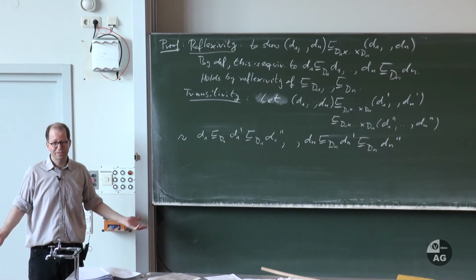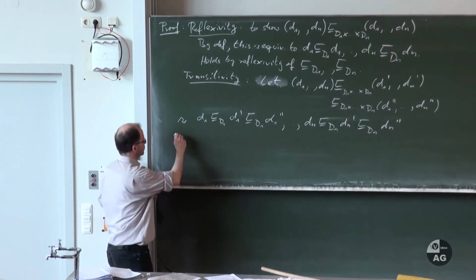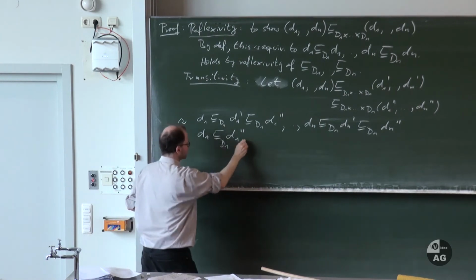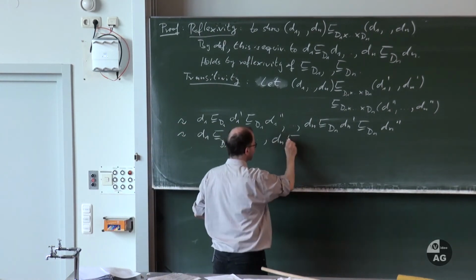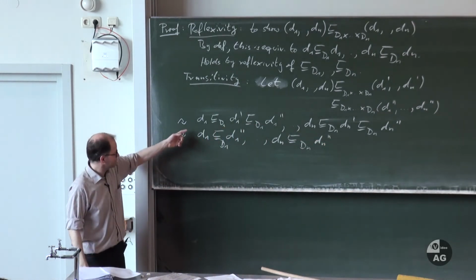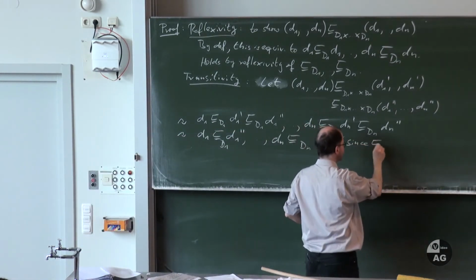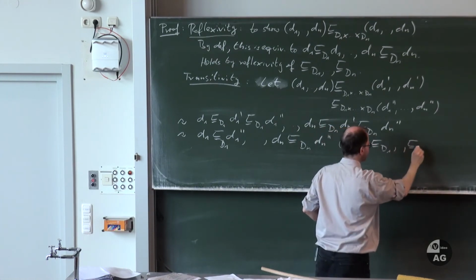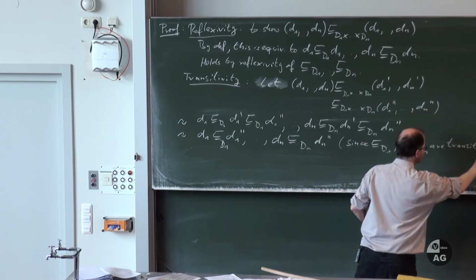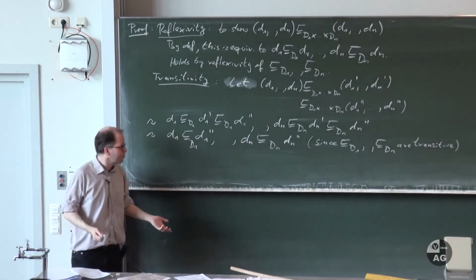So any idea, or is that too simple? Yes? So we know that d1 is less than or equal to d1 double prime, and up to dn is less than or equal to dn double prime. So this is what we want to show, as the whole relation is defined component-wise. Right, exactly. Since they are all transitive, we know this, and as you just pointed out, the definition of this thing is that we compare component-wise.